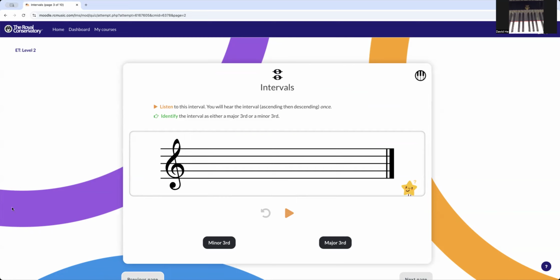This one, we're going to do very quickly. Just answer this question for me. I know it's very easy to recognize this one. Just tell me which notes are there.